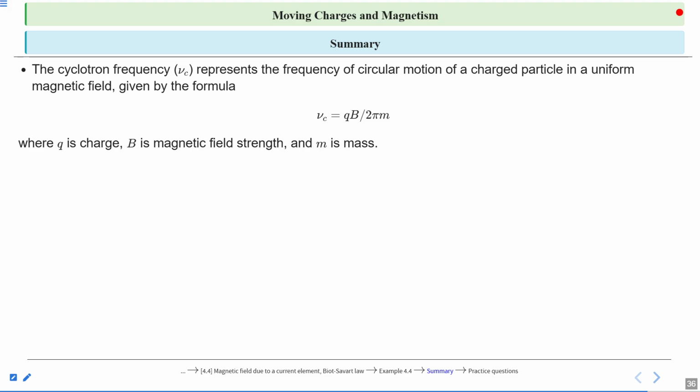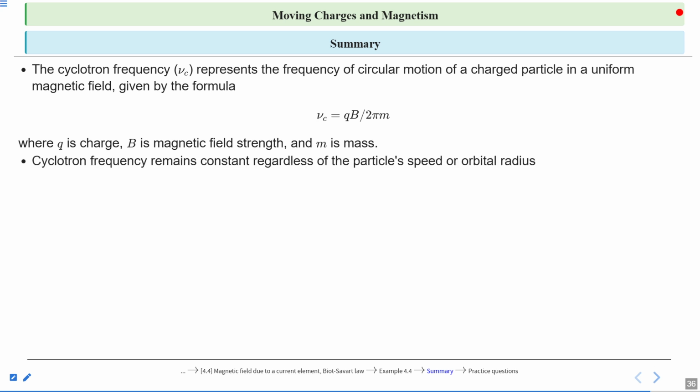The frequency of circular motion of a charged particle in a uniform magnetic field. That is represented by qB upon 2πm, where q is charge, B is magnetic field strength, and m is mass. Cyclotron frequency remains constant regardless of the particle speed, since it depends on the perpendicular velocity to the magnetic field. So it remains constant regardless of particle speed or orbital radius.